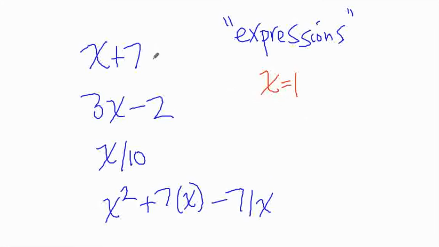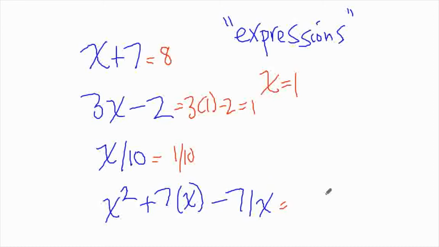1. So that would mean that the first expression, x plus 7, evaluates to 8. Okay, the next one evaluates to 3 times 1 minus 2, or 1. The next one evaluates to 1/10. And the last one, I could do it in my head if I needed to, but I always encourage students, again, paper's cheap.